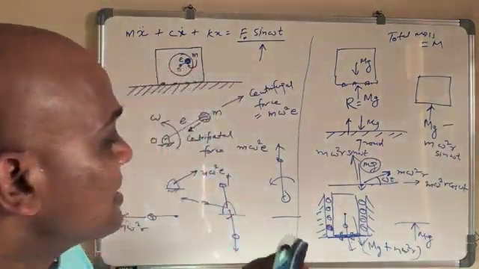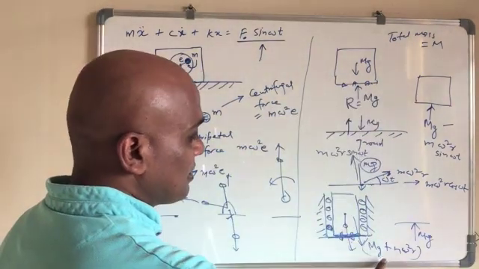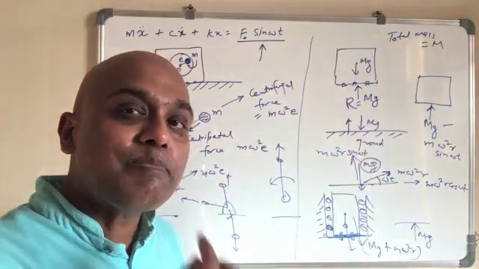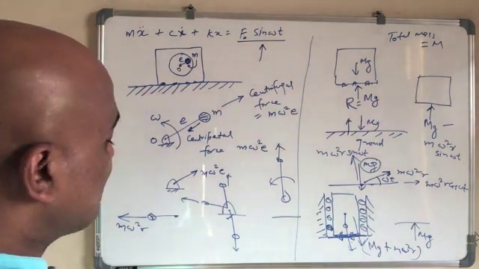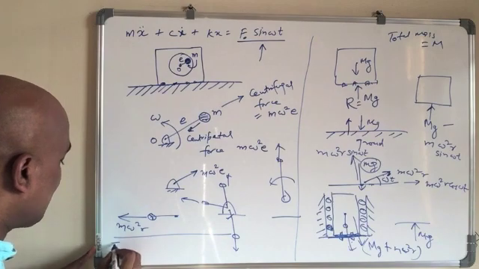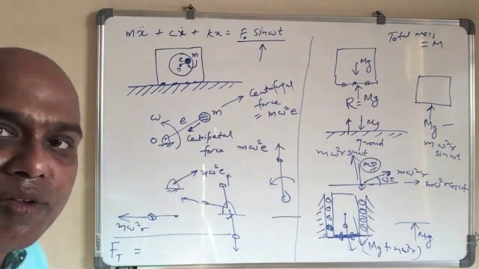Whatever the reaction force you have, the same force is going to be passed on to the ground, and hence we can simply say that the reaction, or the transmitted force, we call force transmitted, Ft.